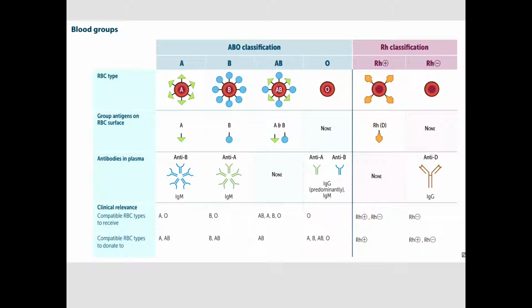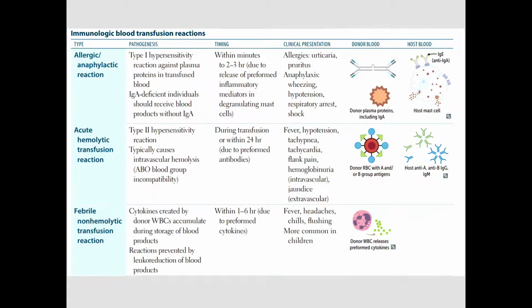Other than matching AB0, we need to consider rhesus, because if we transfuse rhesus positive blood cells to a rhesus negative patient, those patients will have immunoglobulins against the rhesus antigen, and this will cause lysis of red blood cells.